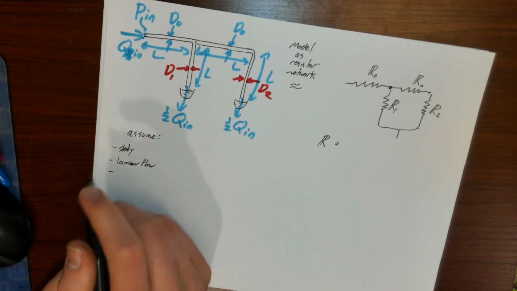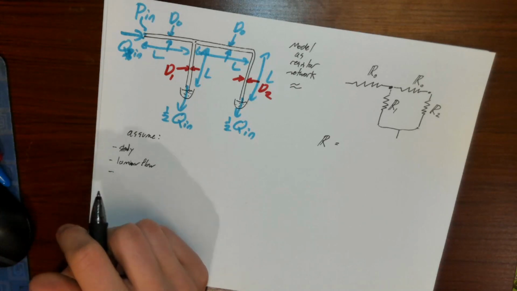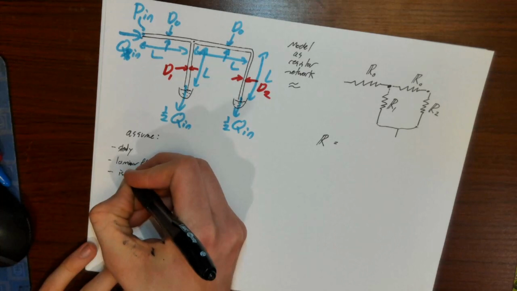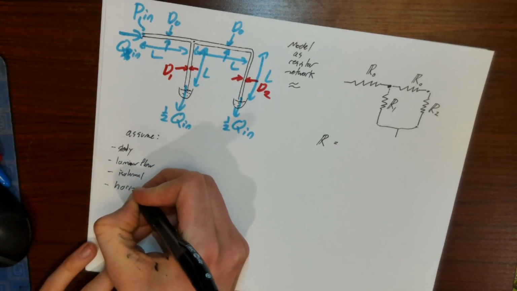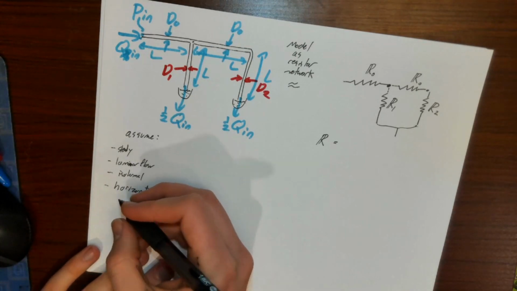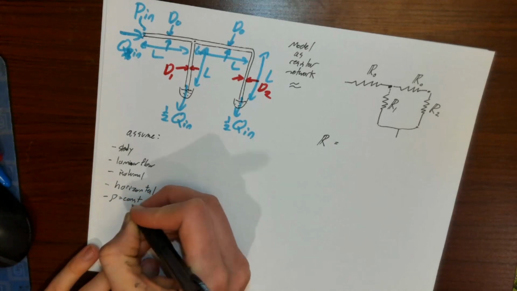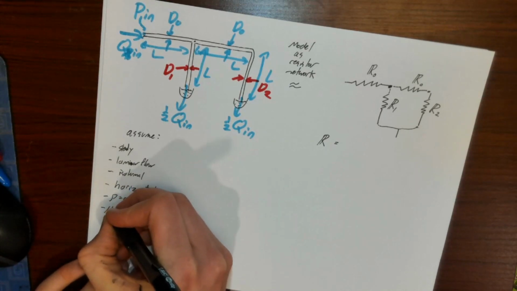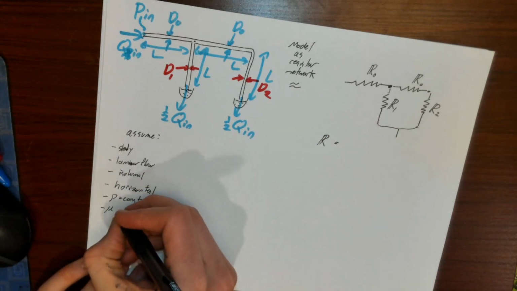We're assuming we're isothermal. We're assuming we're horizontal, and we're assuming that we have a constant density. Because we're implicitly assuming some viscosity of the fluid in these hydraulic resistances, we're assuming we have a Newtonian fluid.